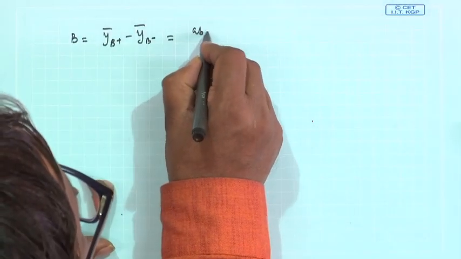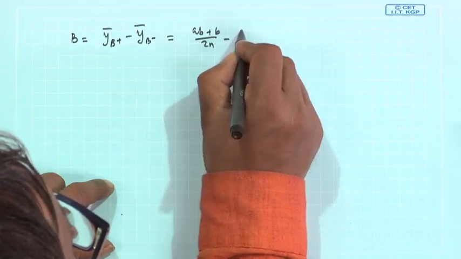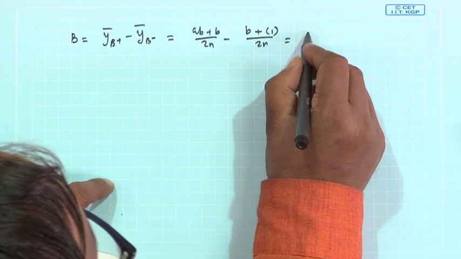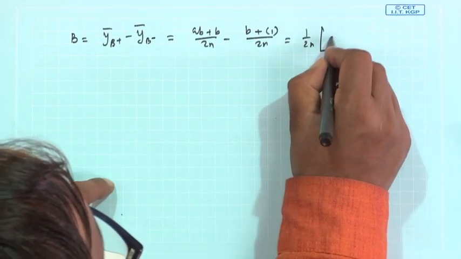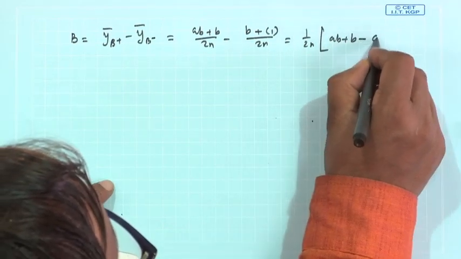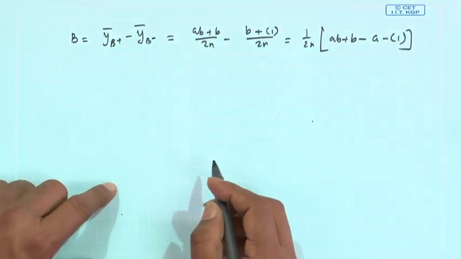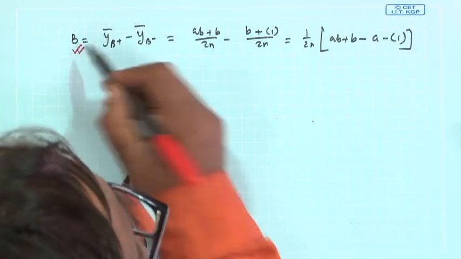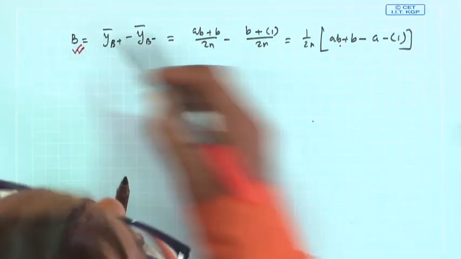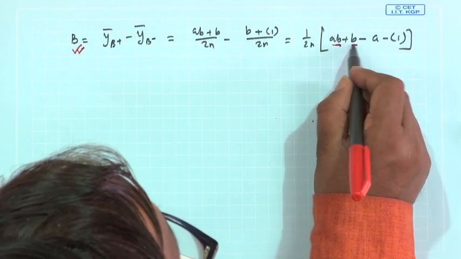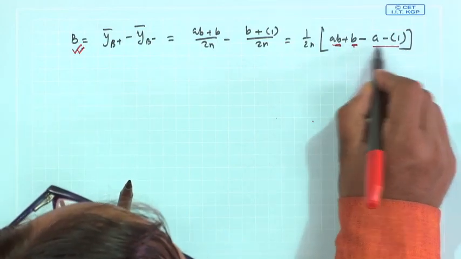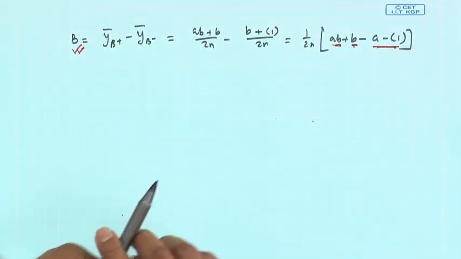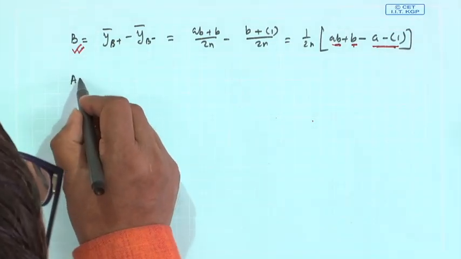So, that means ab plus b by 2n minus a plus 1 by 2n, then this will be 1 by 2n into ab plus b minus a minus 1. Interestingly, you are getting the same pattern, where we are interested in B, the small b is related to B. So, here the b term is there, this is plus, and wherever there is no b term, this is minus.